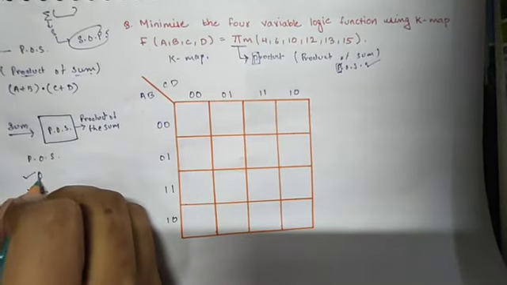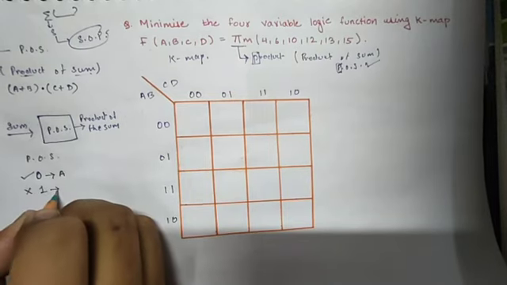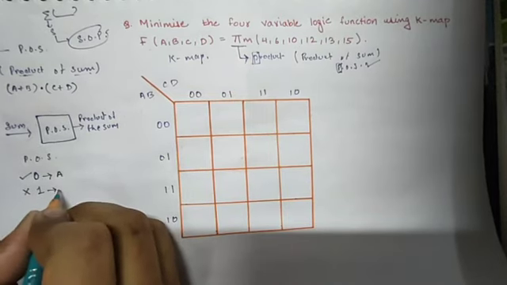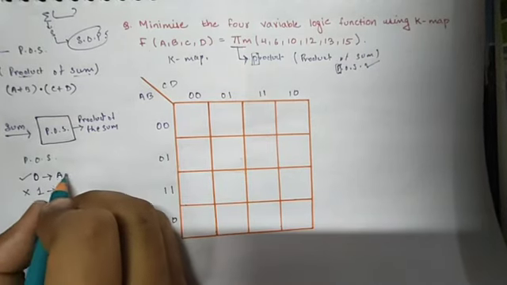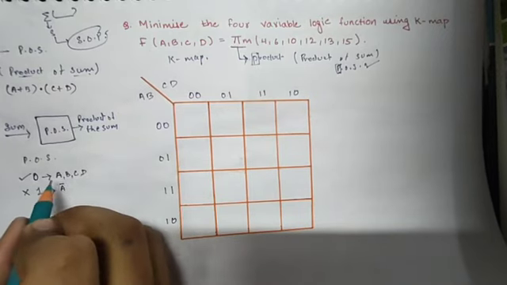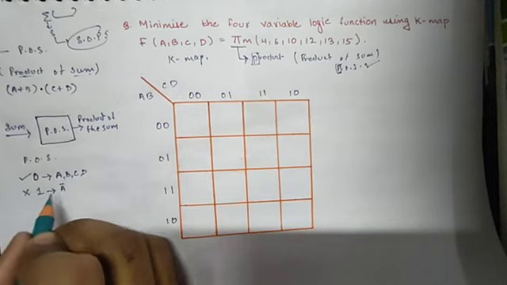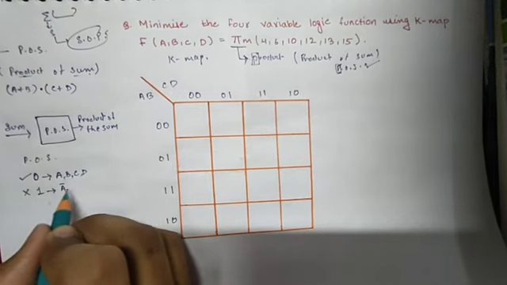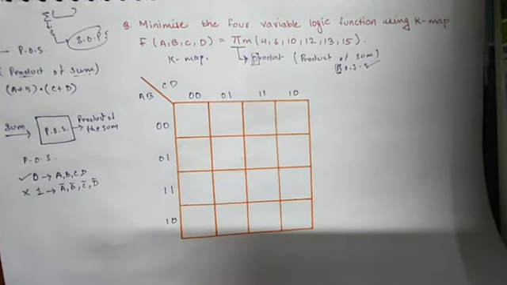Where we see 0 as input, we will write A, and where we see the input as 1, we will write it as A dash. Similarly for B, C, D. If the value of A, B, C and D is 0, we will write A, B, C, D, and if the value is 1, we will write A dash, B dash, C dash or D dash.